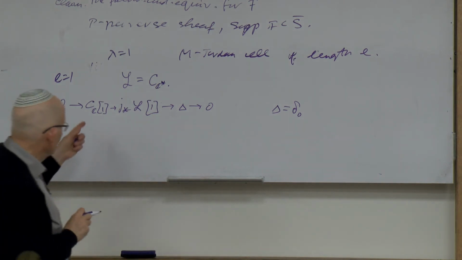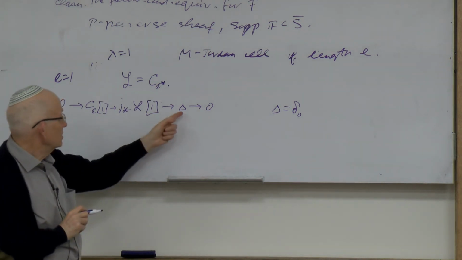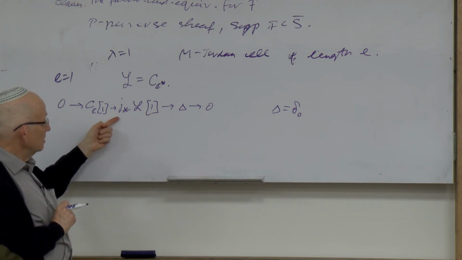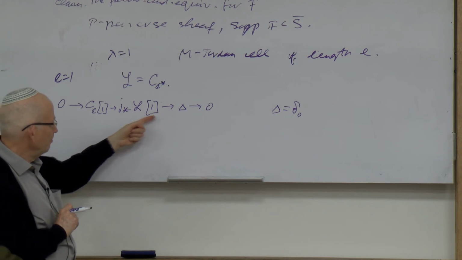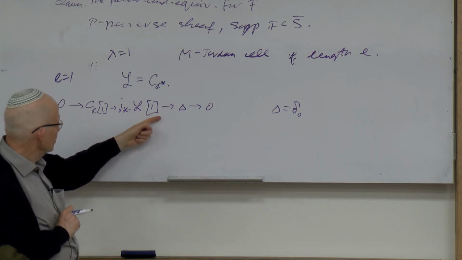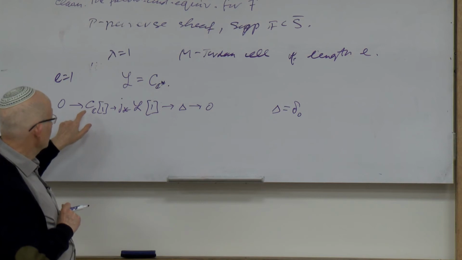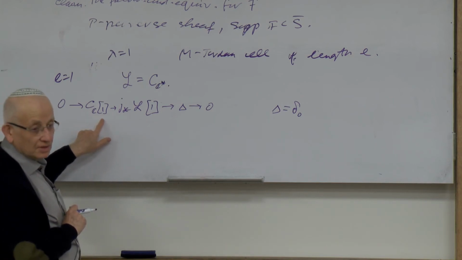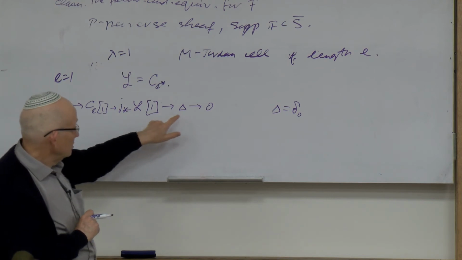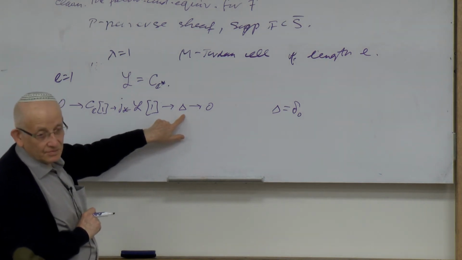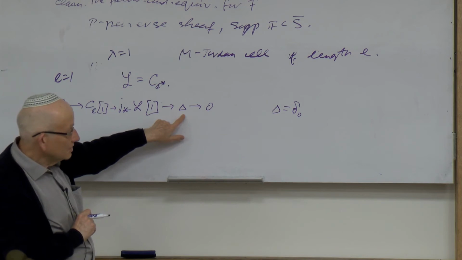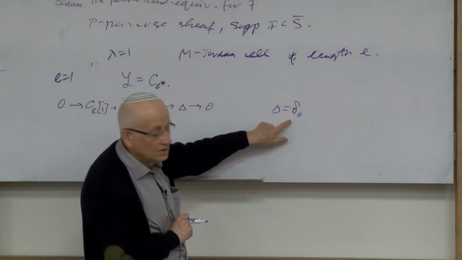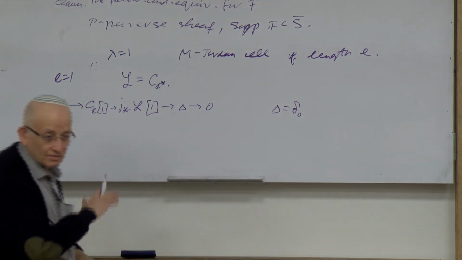So the claim is that in the perverse category you have this exact sequence. You have an embedding, consider the direct image of this sheaf. Then you have a morphism of this sheaf, and this is a perverse sheaf. And the quotient will be this guy, again a perverse sheaf, which is just the skyscraper sheaf at 0 without shift.